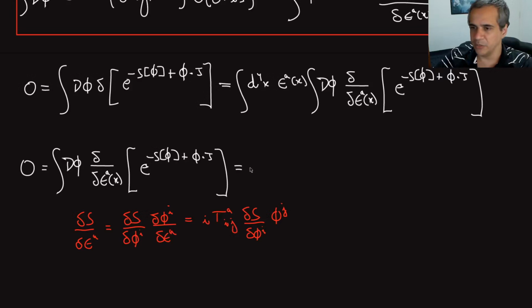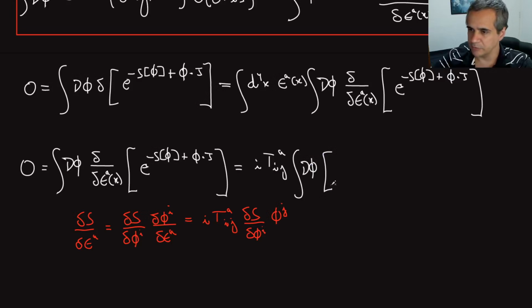So I can use this here and rewrite the path integral, times minus del s del phi i times phi j, plus the same thing for this term, which is easy.